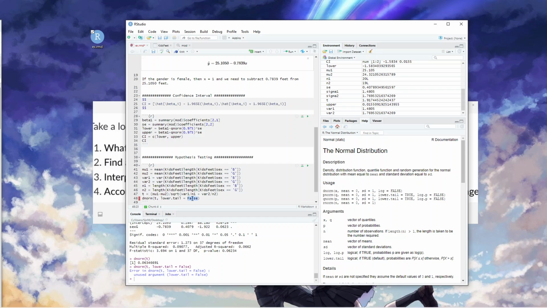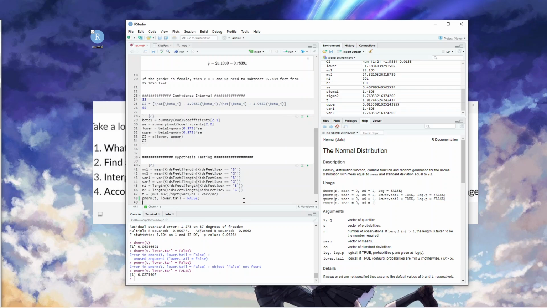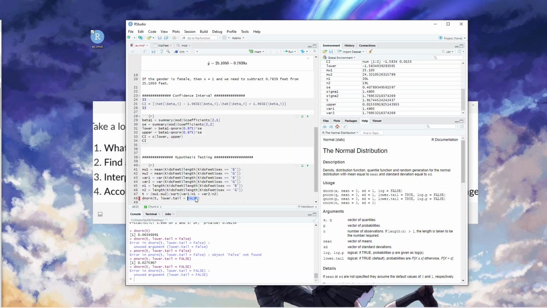Oh, I don't think that's a problem. So this is an unused argument. Maybe use a p. Okay, false. Looks right.